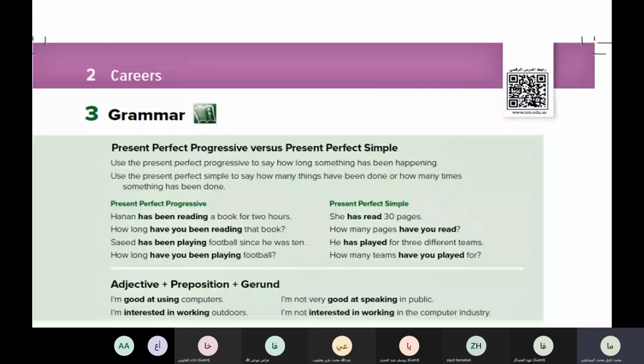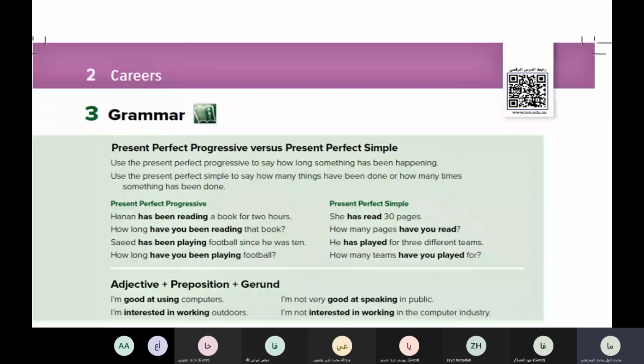We focus on the duration of time. So here we can use what? The present perfect progressive. And I think we can use what? The present perfect. The present perfect and the present perfect progressive are used with actions, focusing on what? Time. But if you want to focus on things done, we have to use just what? The present perfect. Look at the second example here.